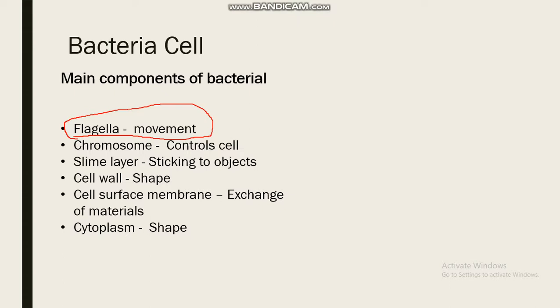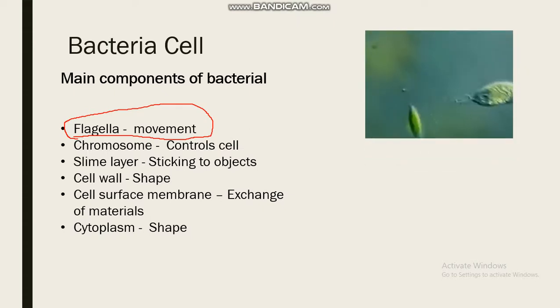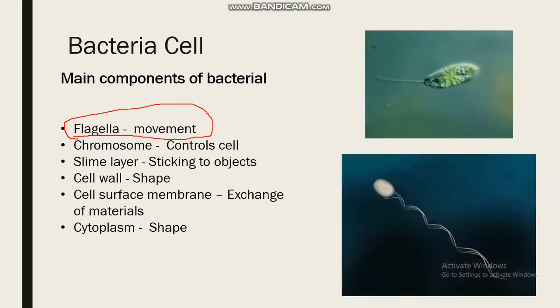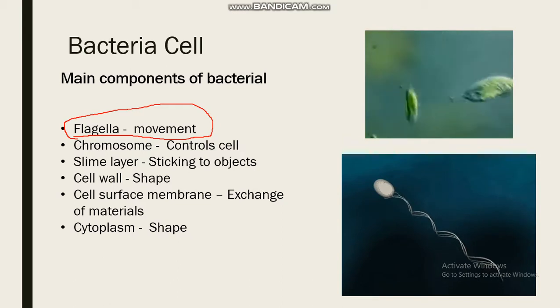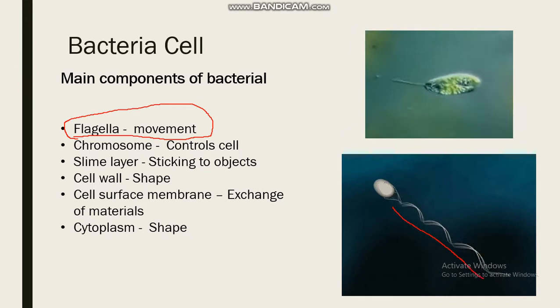It might be present in some bacteria and absent in others. Here you see an image of a bacteria with a moving flagella. The flagella acts like the propeller of a plane and moves in a spiral direction, like you see in this image.